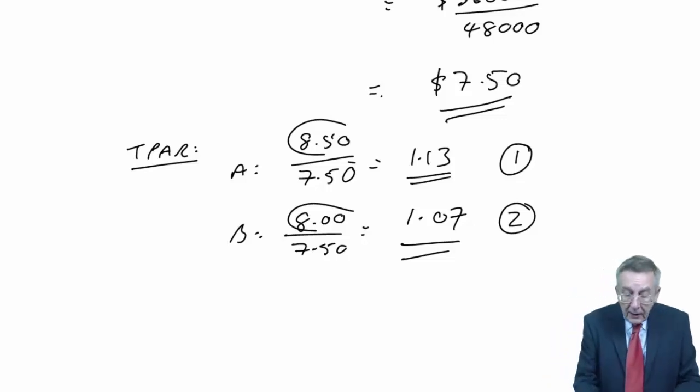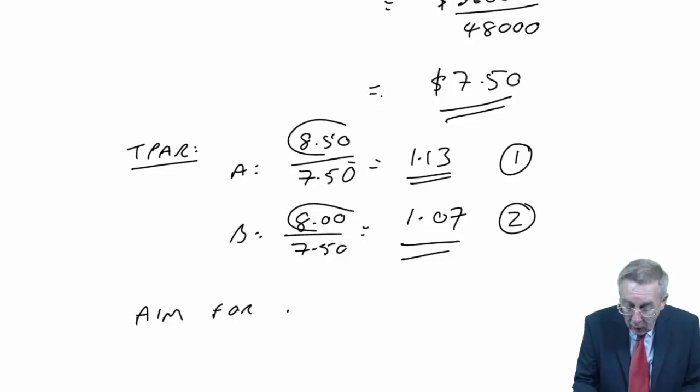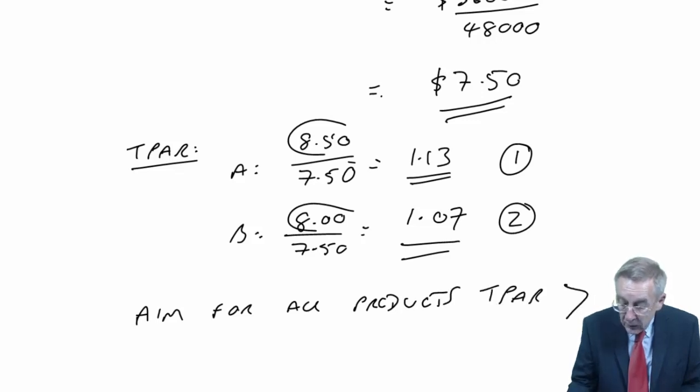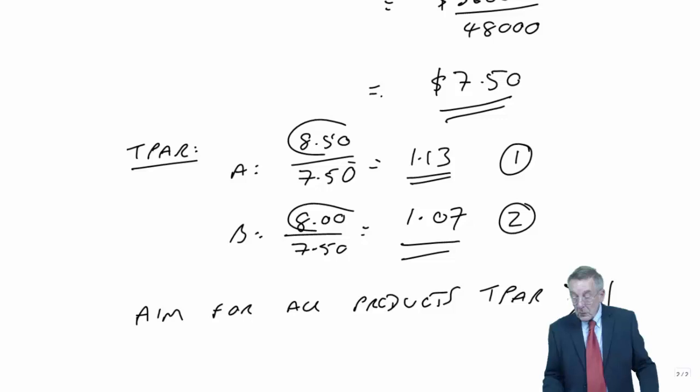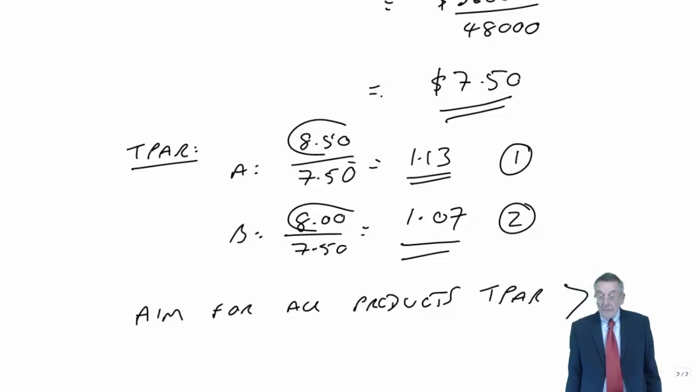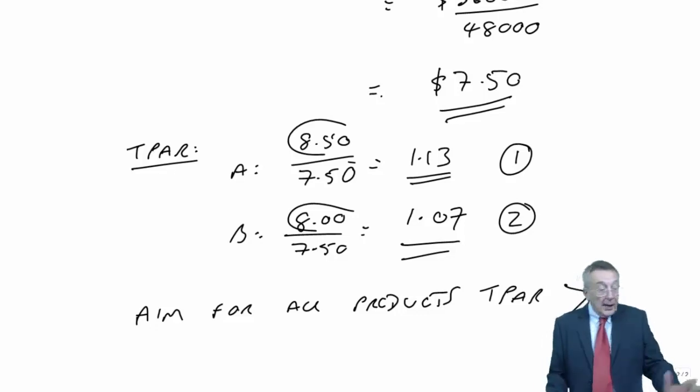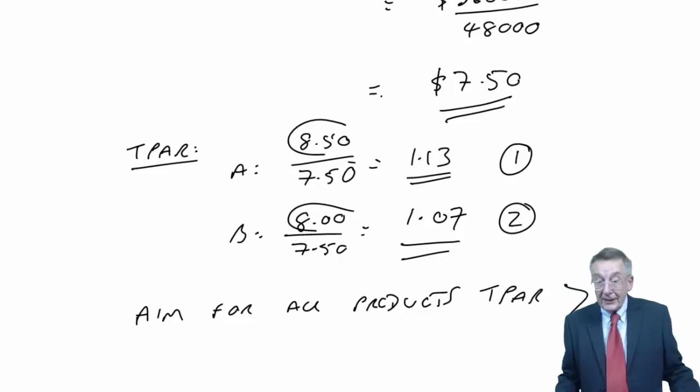And therefore, we'd always aim for all products to have a throughput accounting ratio of more than 1. Which I hope makes sense. Okay, so that's the end of that chapter.